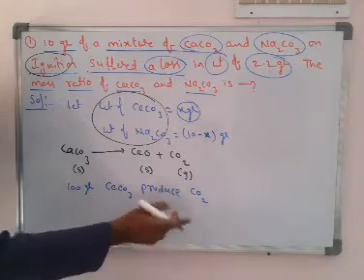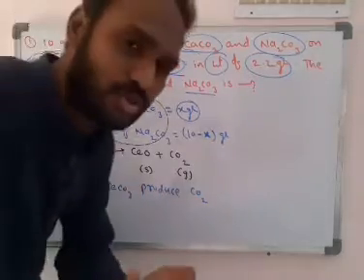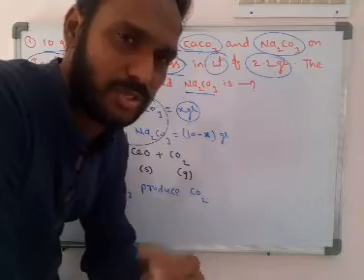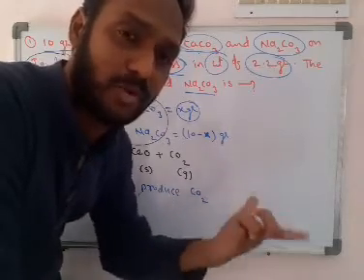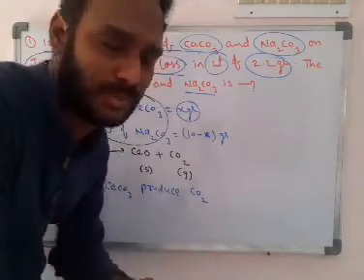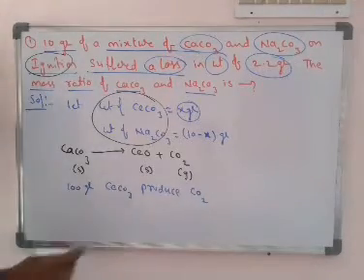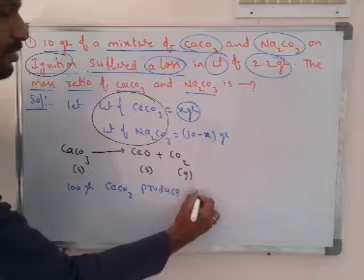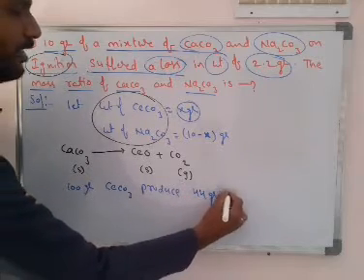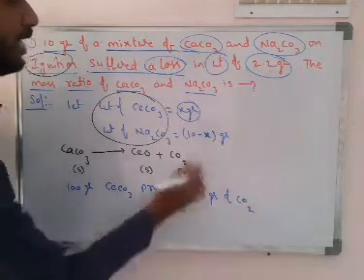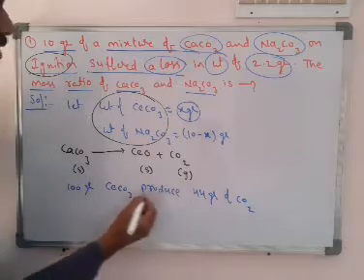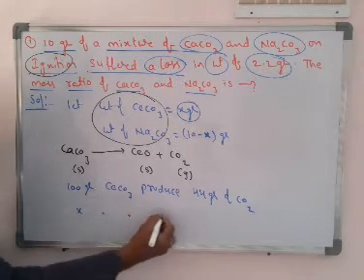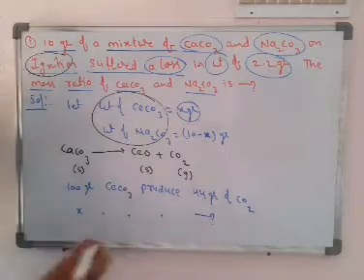Because the only way weight is lost is the release of carbon dioxide going outside. So x grams of calcium carbonate produces how much CO2?